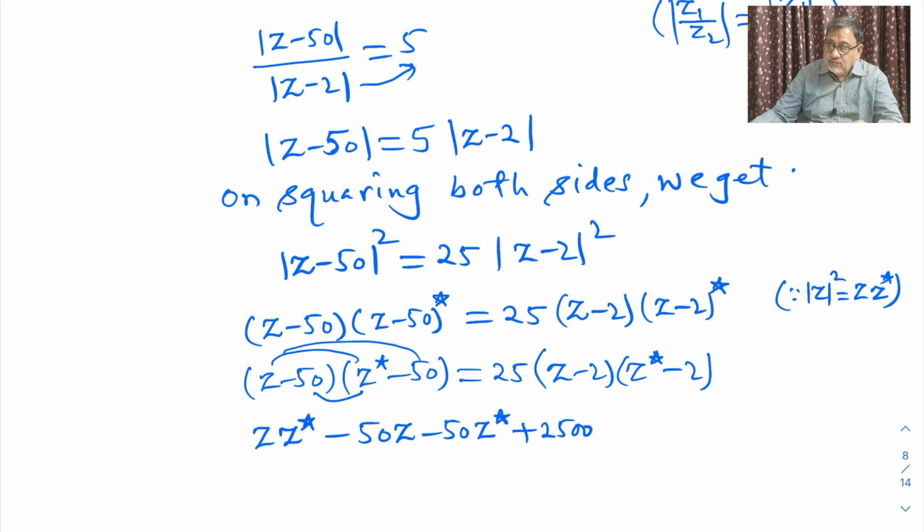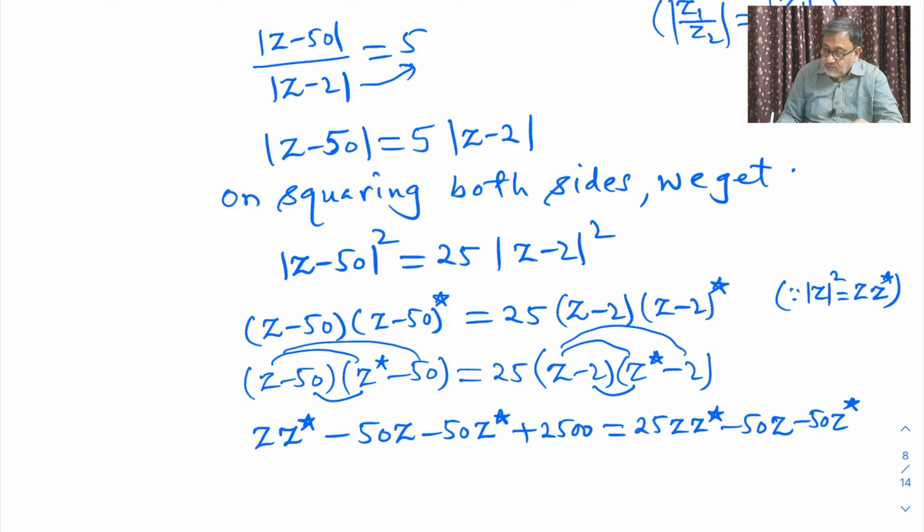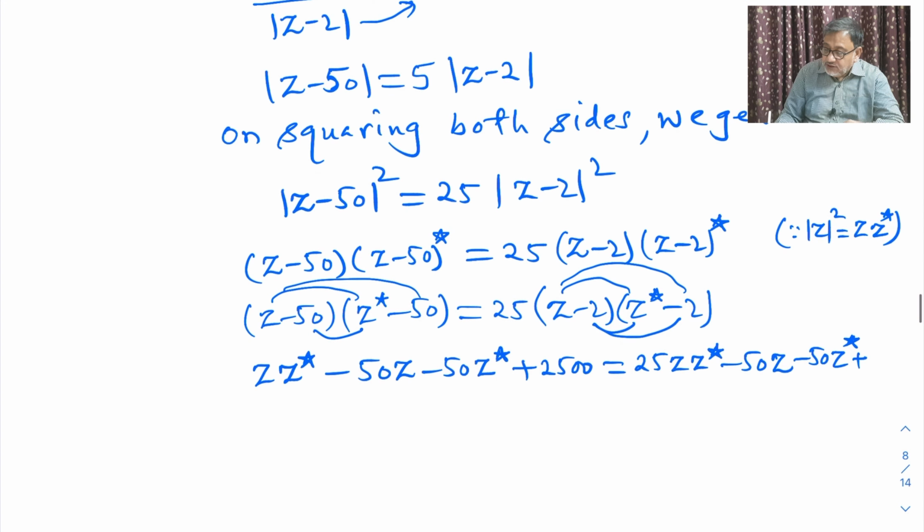Now right hand side, z into z conjugate with 25 will be 25 z z conjugate. Then z into minus 2 with 25 will be minus 50z. Then minus 2z conjugate with 25 will be minus 50z conjugate. And minus and minus plus 4 with 25 will be 100.